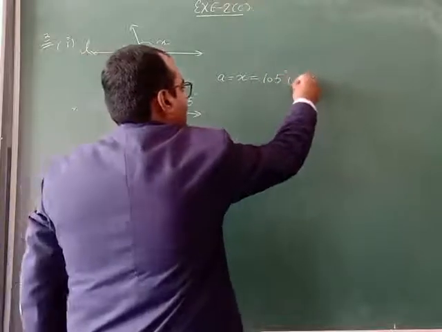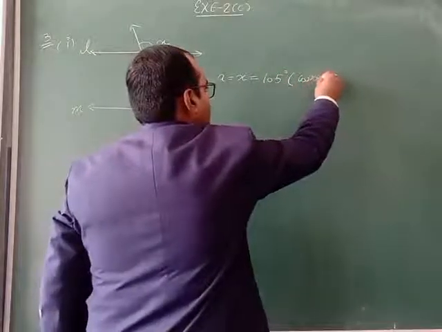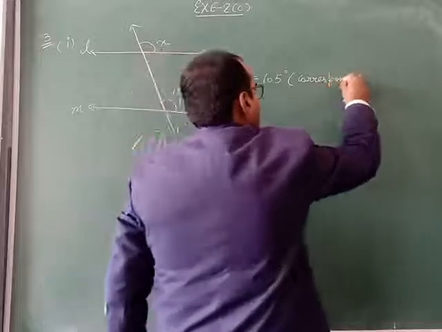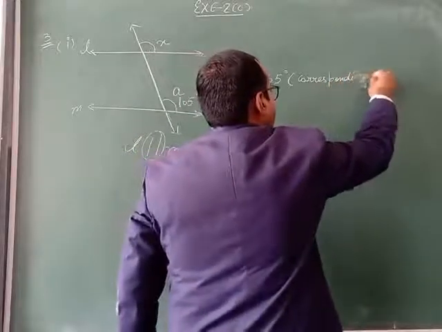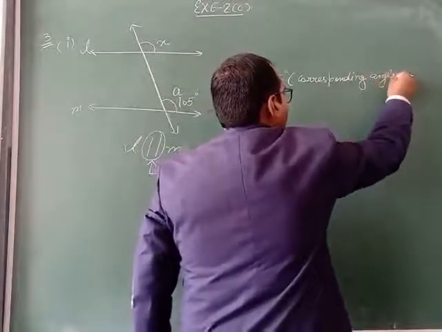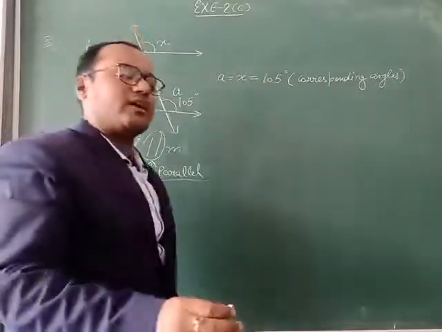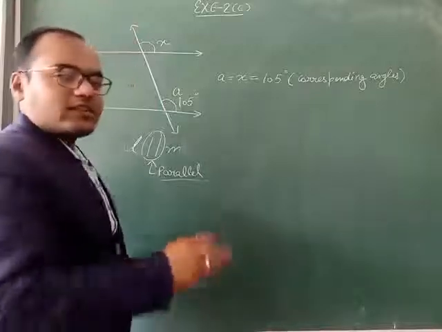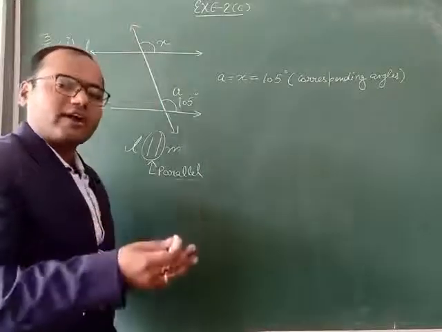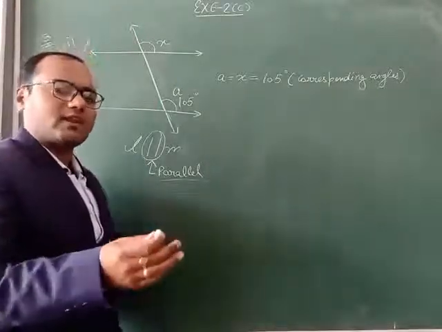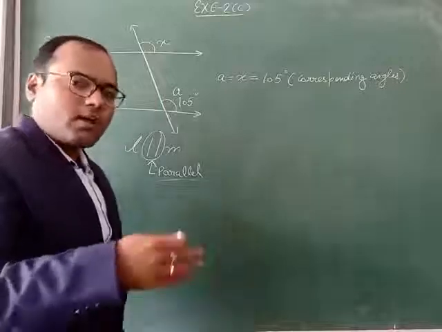Such angles are known as corresponding angles. What are corresponding angles? Corresponding angles are those angles which are on the same side of the transversal as well as on the same side of the parallel line.